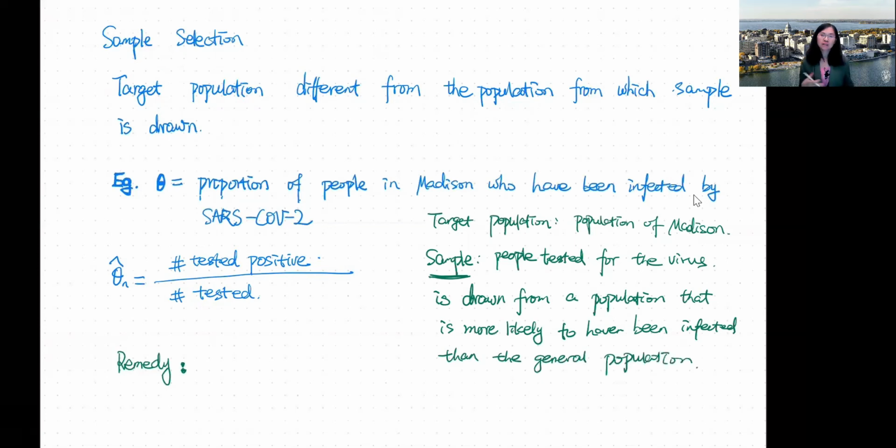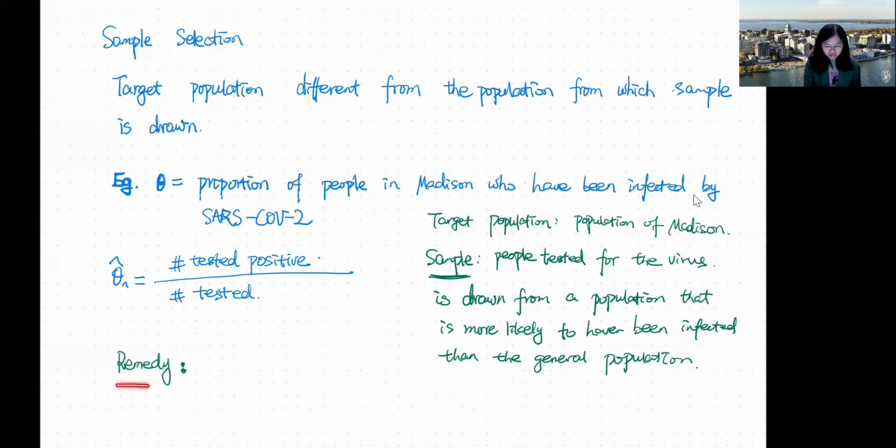So this is a selected sample, selected based on whether the person believes that he or she has a higher probability of having been infected by the virus.